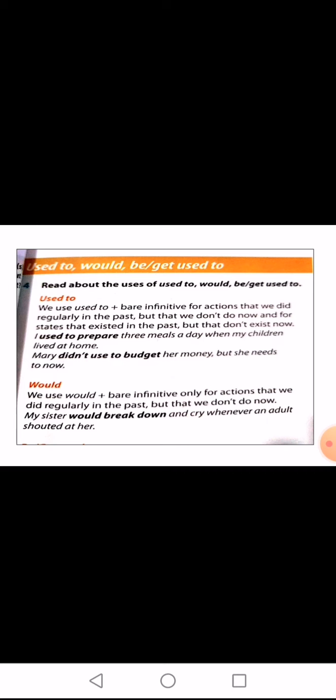If I want to make it negative, I use simple past: didn't plus verb 1, use to, not used to. So for the negative, didn't use to. If I want to make it a question: did, subject, use to, and the verb budget, also in base form.